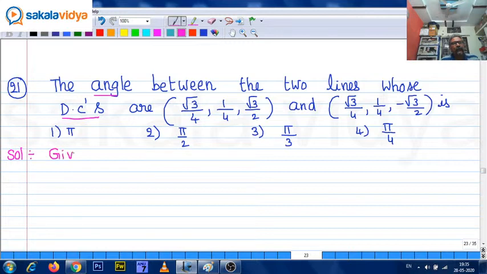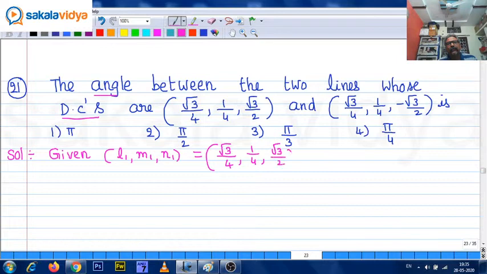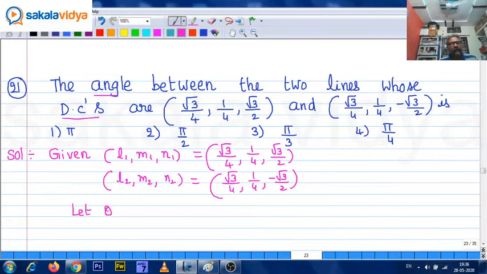Given L1, M1, N1, the direction cosines of the first line, are √3 by 4, 1 by 4, √3 by 2, whereas the direction cosines of the second line L2, M2, N2 are √3 by 4, 1 by 4, minus √3 by 2. Let theta be the angle between them.